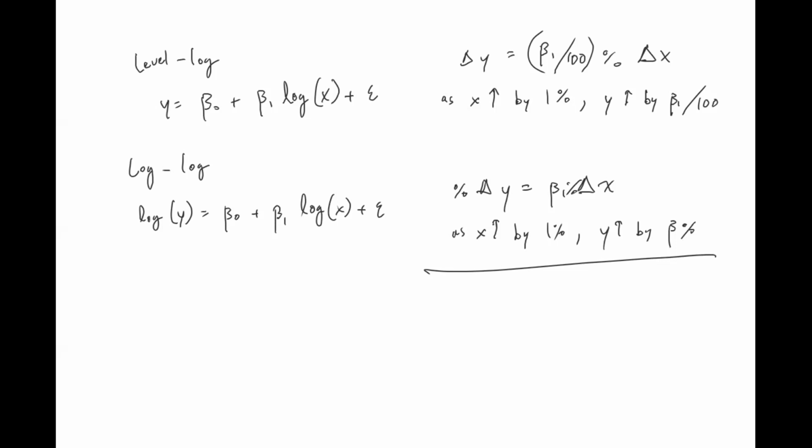Everything that we're talking about here, changes in x's leading to changes in y's, is a very straightforward way of interpreting a lot of these regression models. And we're going to see how that eventually plays out into thinking about more nonlinear regression forms. But that'll come a little bit later on in the quarter.